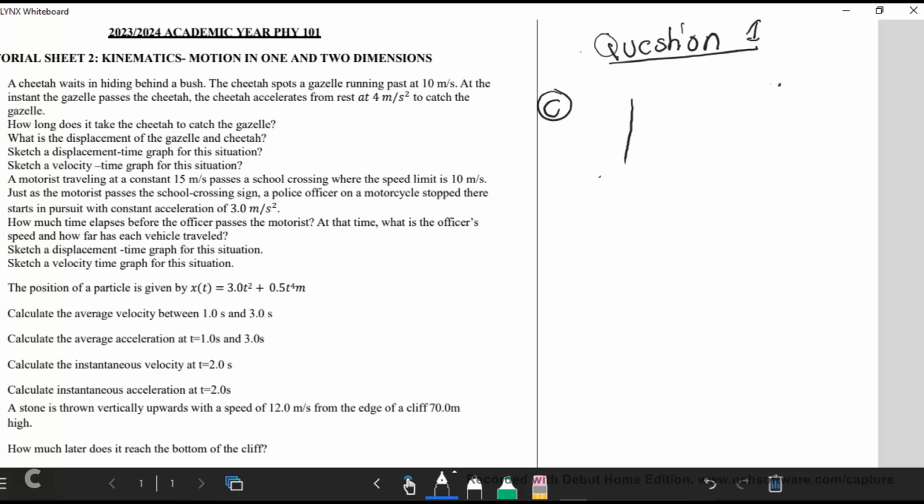So for you to sketch the graph for this situation, remember that this side is displacement.